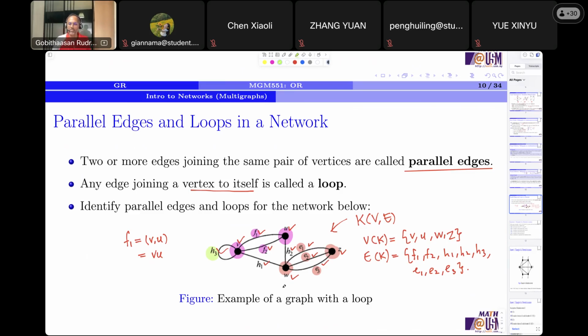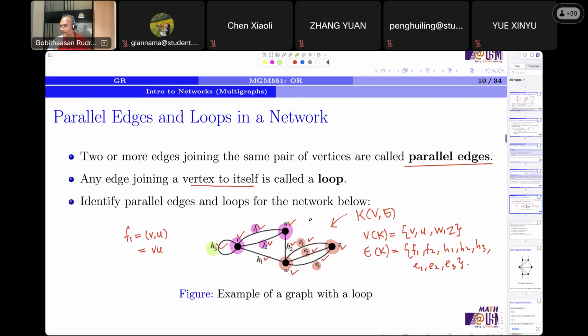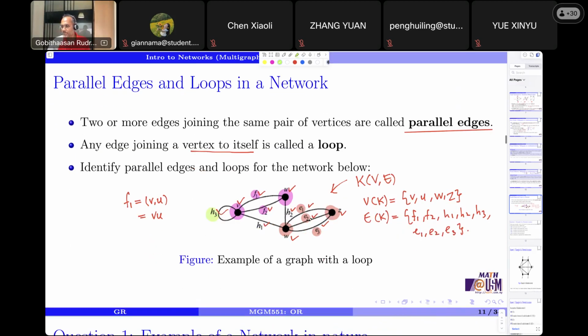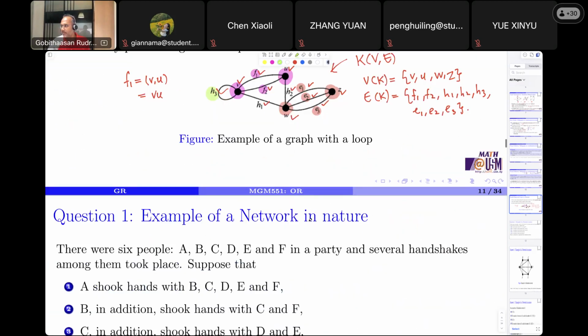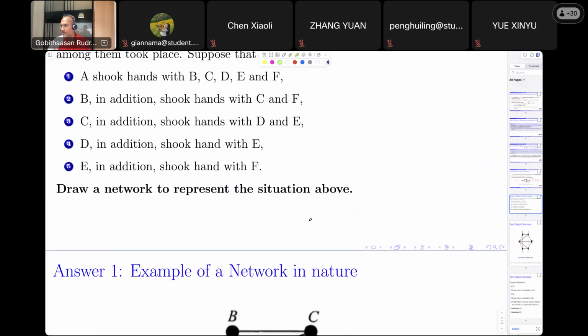So two more definitions, on parallel edges and loops. So far, okay? Okay, I'll continue.